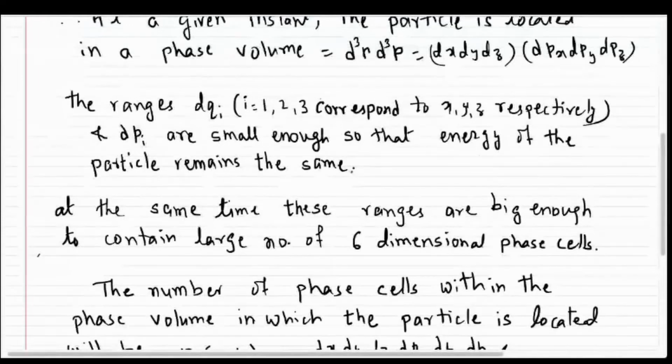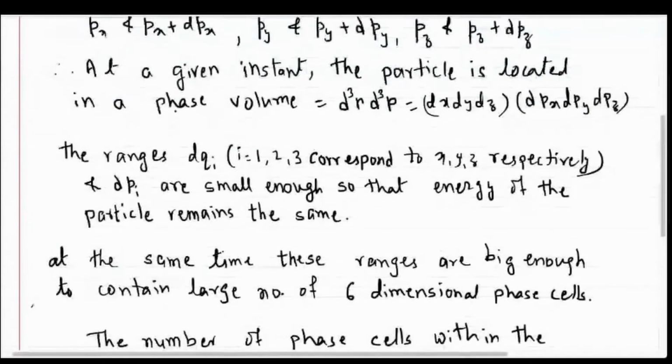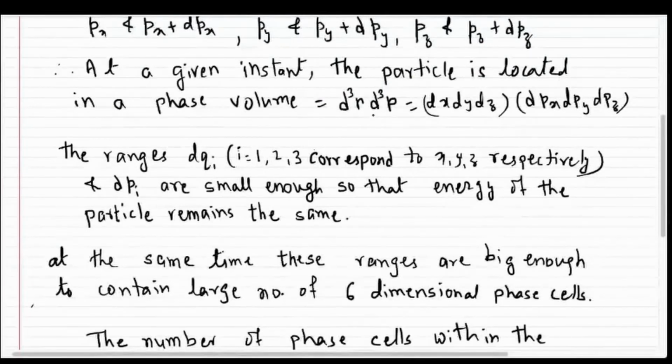That means within this phase volume d^3q d^3p, the particle will have the same energy. That means it is possible that within this volume there are a number of microstates associated with a given macrostate.